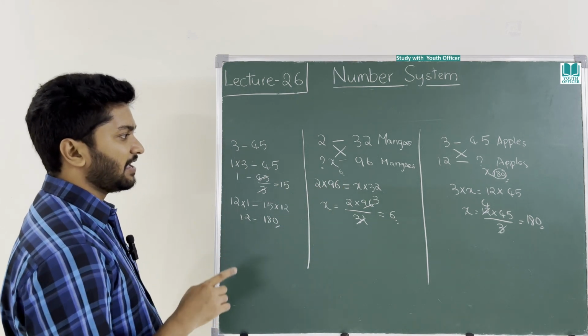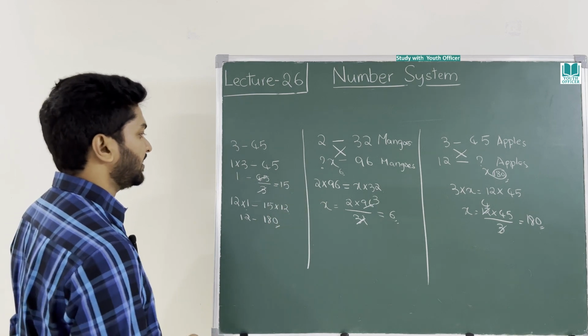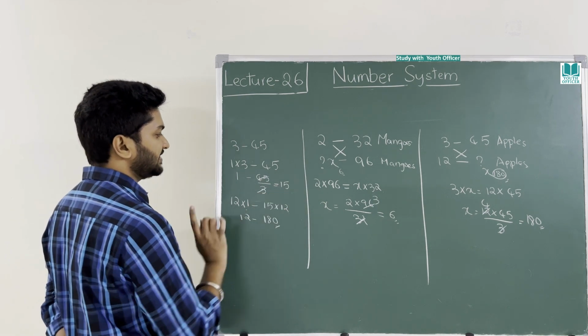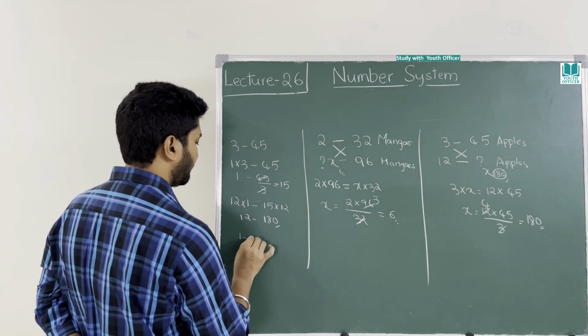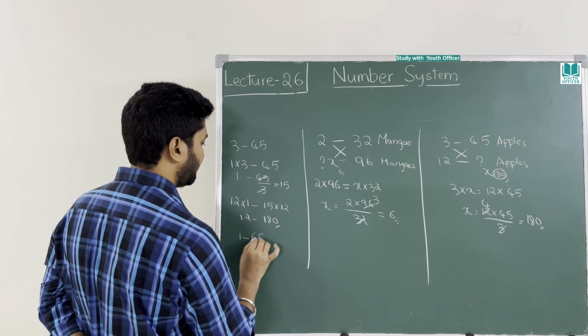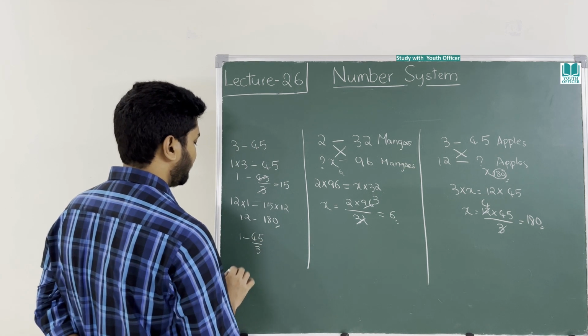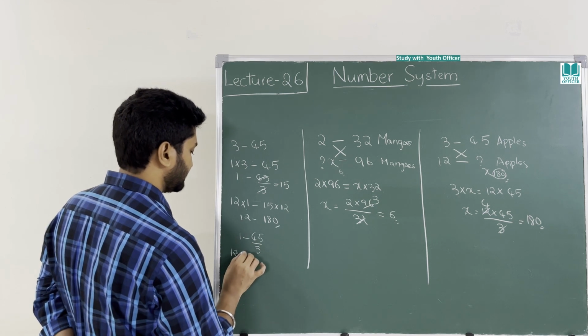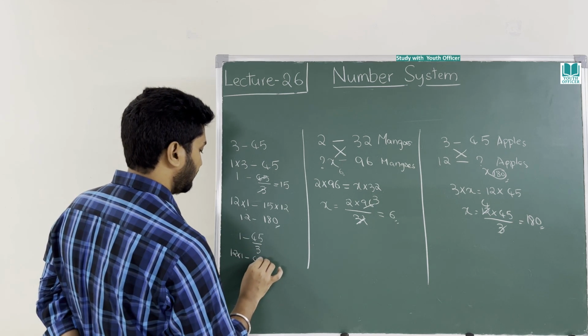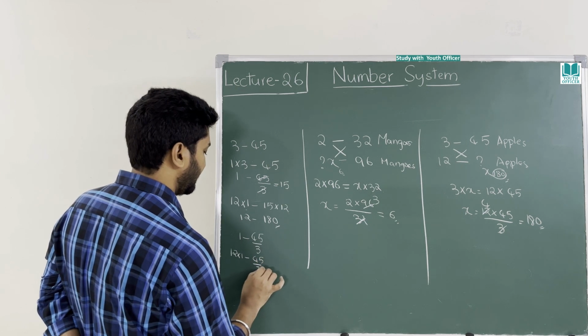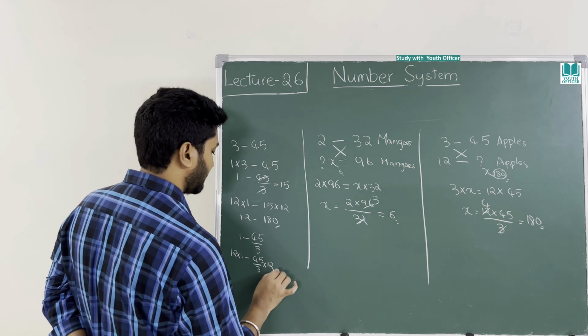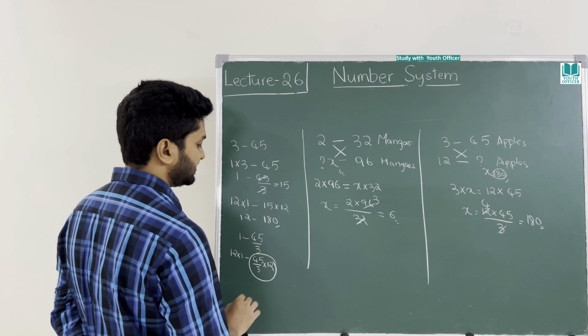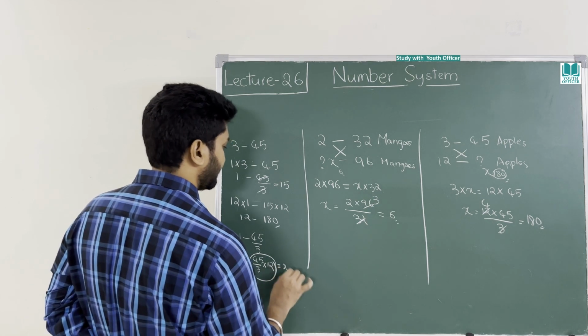What has exactly happened? How did we get the crisscross method here? If you don't cancel it here, you keep it for 1 member. How much is this? 45 by 3, right? For 12 members, you multiply 12 on both sides. 45 by 3 into 12. This is what we call x, right?